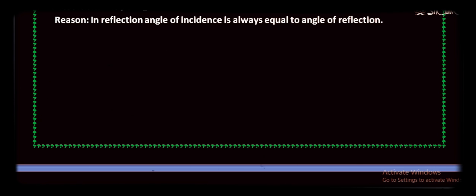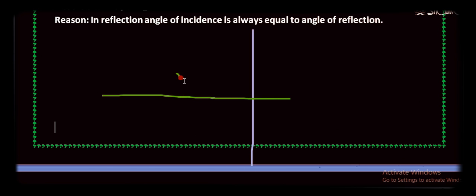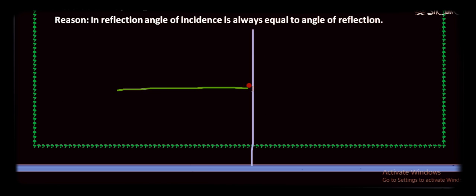Let's suppose this is the mirror, and the ray is incident here. When the ray is incident normally, that means perpendicular, then it will retrace its path. It will go on the same path.